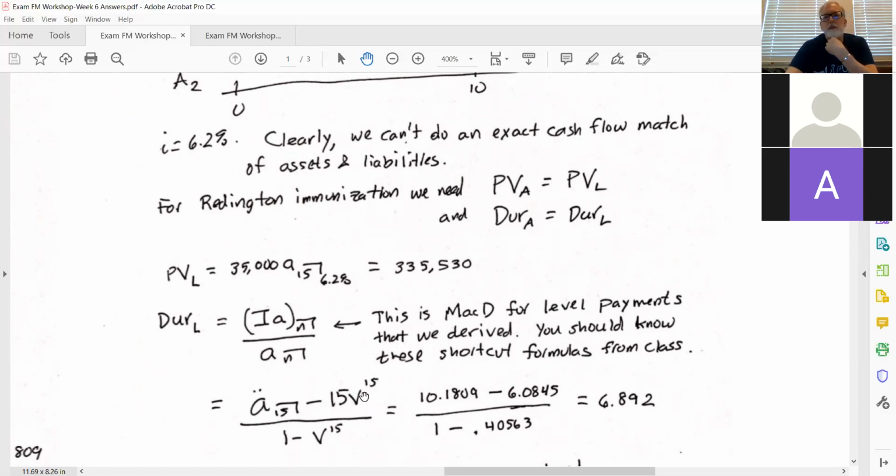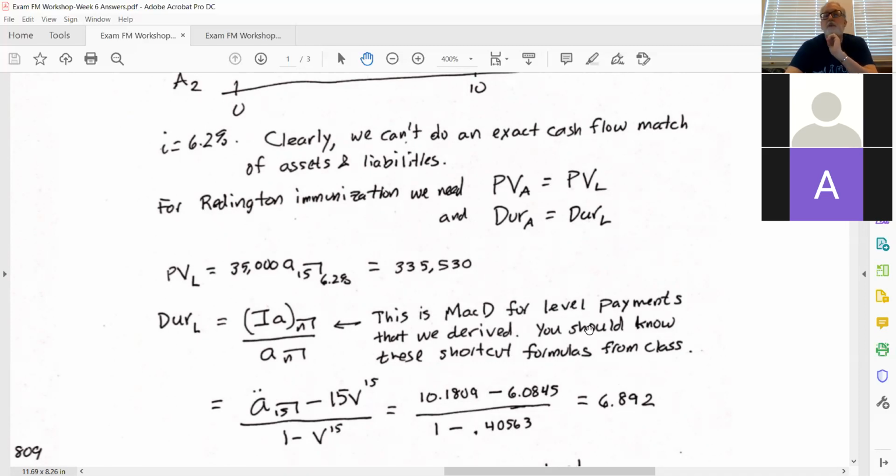Calculate v to the 15th once. I write it here, and then I multiply it by 15 and write it there, because there's a v to the 15th in both spots. So it's pretty quick to calculate. The duration of the liabilities is 6.892.